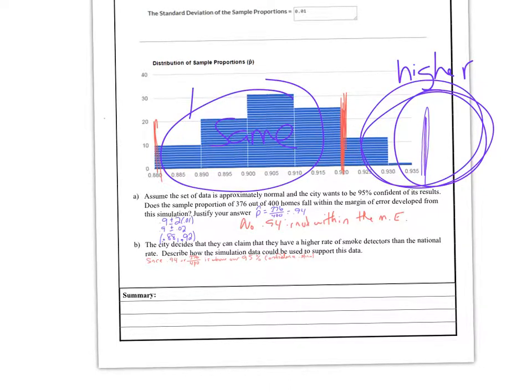But the scary part is, if they're over here. So what if they were over here, what would we say? Well, we would have to say that it is lower than the national average, and that wouldn't be good. Okay, so any place below 0.88, we are lower, and they're worse than average.